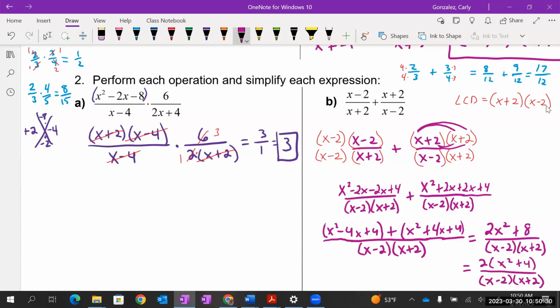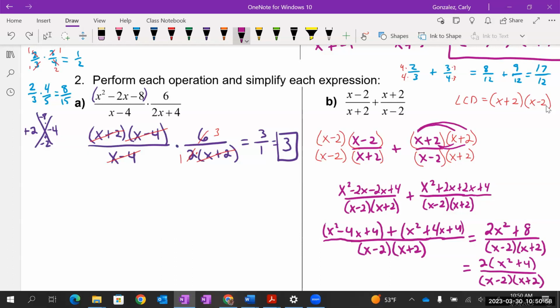And notice that we have a factor of 2 in the numerator, but that cannot cancel with, it's not an identical factor to any of those factors in the denominator because it's an x minus 2 or an x plus 2. And x squared plus 4 cannot be factored anymore over the real numbers. If it was x squared minus 4, that would be different.